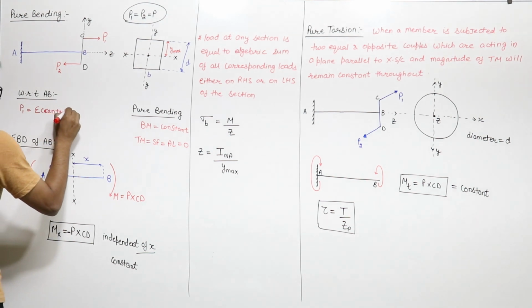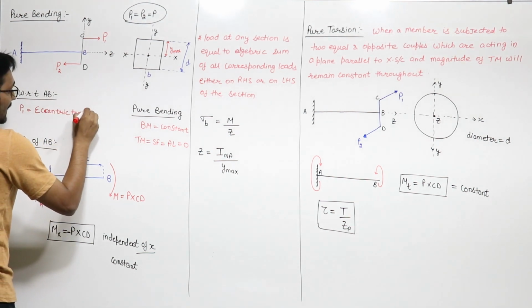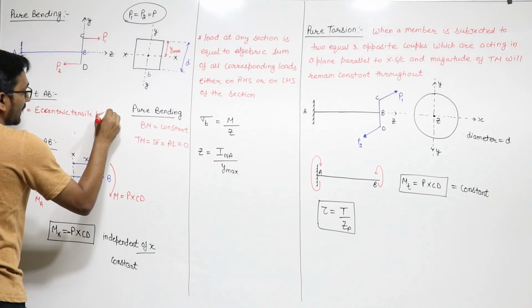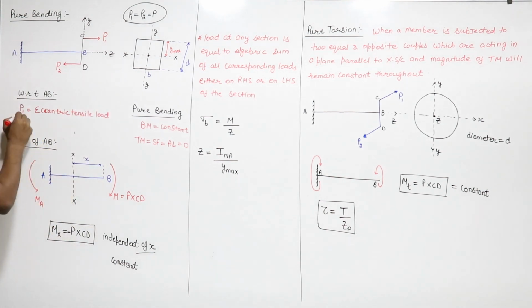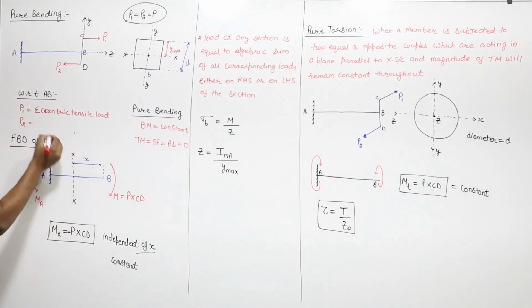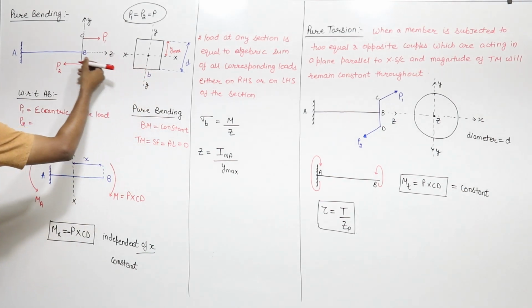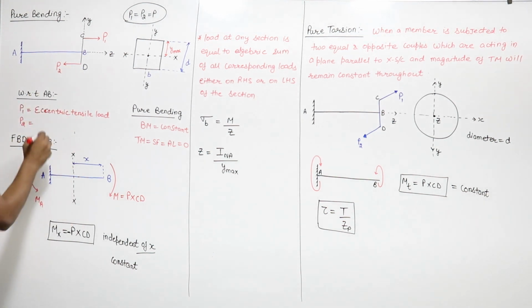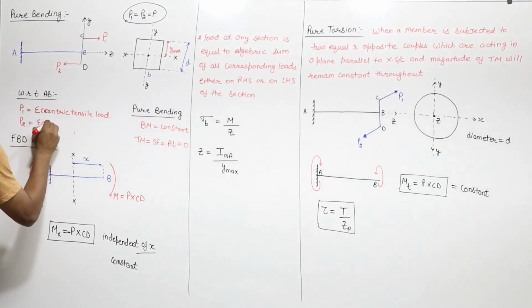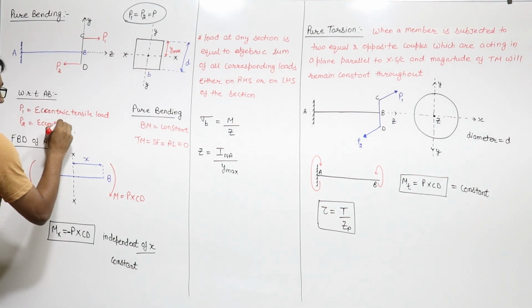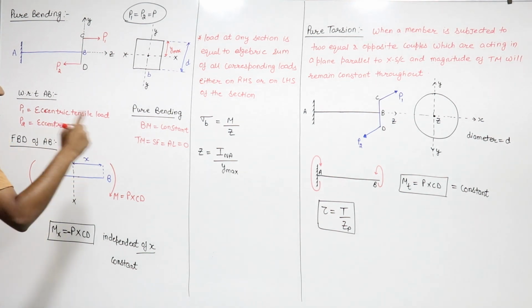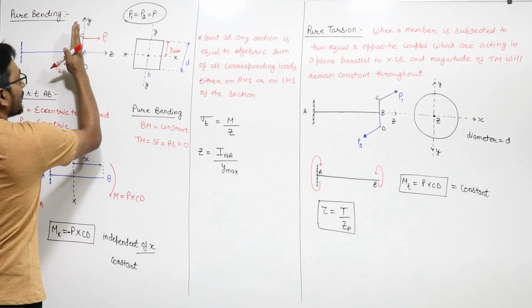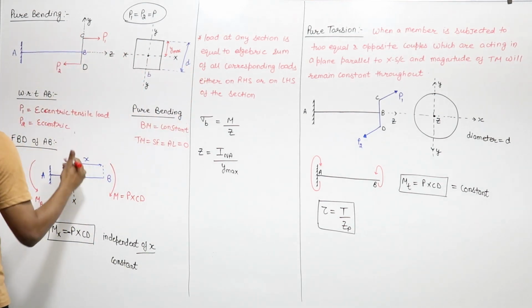It is an eccentric tensile load with respect to AB, and P2 is also a force parallel to the longitudinal axis but does not pass through it. So P2 is also an eccentric axial load. And which type of load? If this is the cross section, it is a compressive load.